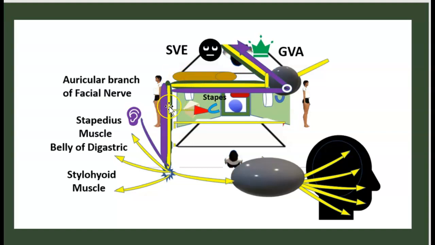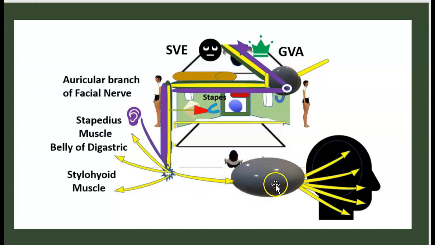From the pyramid, branchiomotor fiber give branches to the stapedius muscle, and then together they continue until the stylomastoid foramen. From there, they give branches to the external ear and branches to the posterior belly of digastric and branches for the stylohyoid muscle. Branchiomotor fiber go to the parotid.